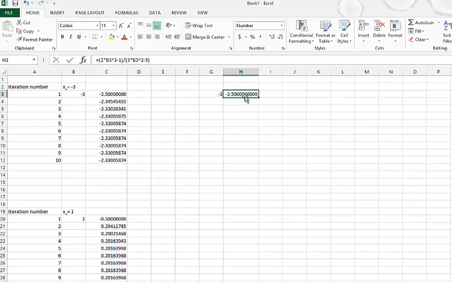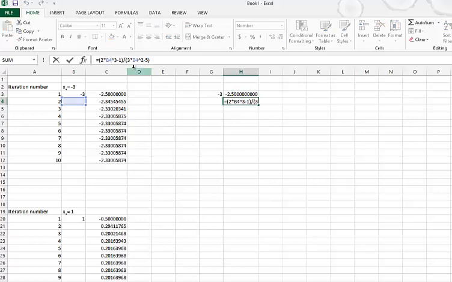Alright, so the next time I want it to use negative 2.5, so what I'm going to do is Control C, copy that cell, and then paste it right here. And I need to adjust it because it's using whatever is in B4, and I have nothing in B4. Notice the formula said that. So I don't want B4.